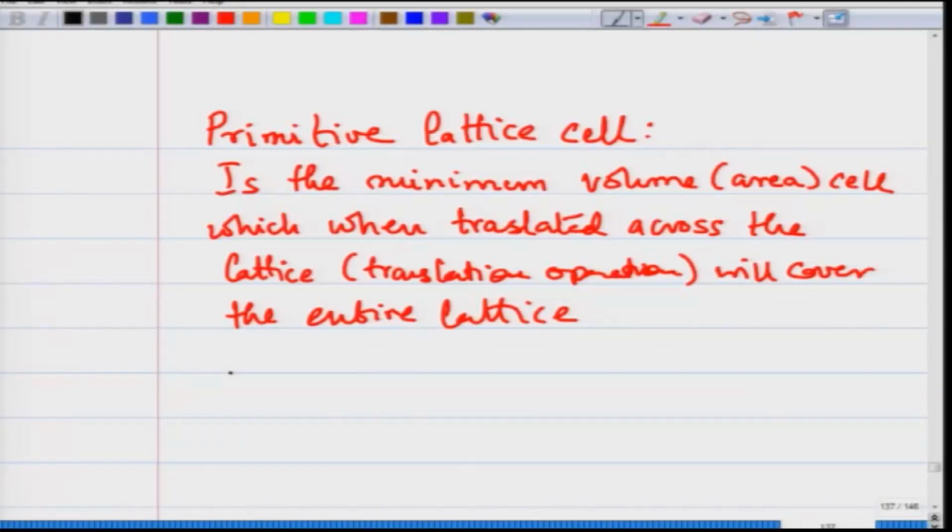So one typical example is, given this lattice of points, one example of my primitive cell, with a1 and a2.